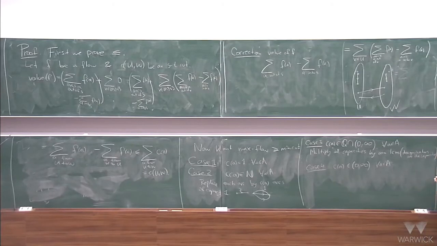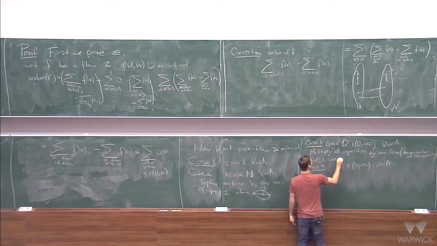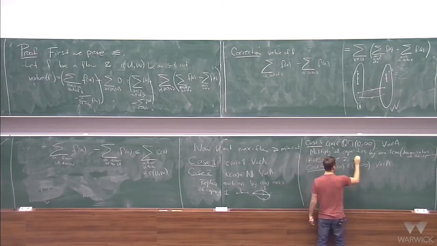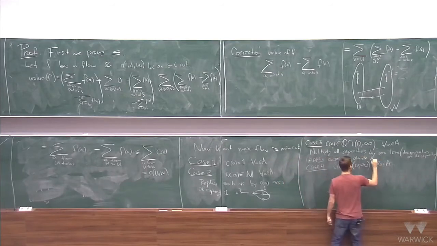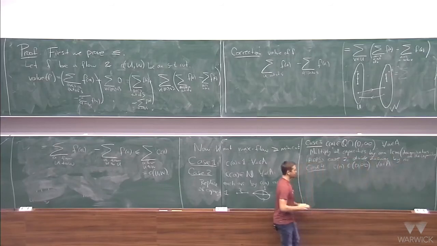All of these capacities are rational, so they all have a numerator and denominator. If we multiply them all by something which will clear all the denominators, then you're going to get integer valued capacities. So now we just apply case 2 and divide the answer by m. Right? So that's going to work.